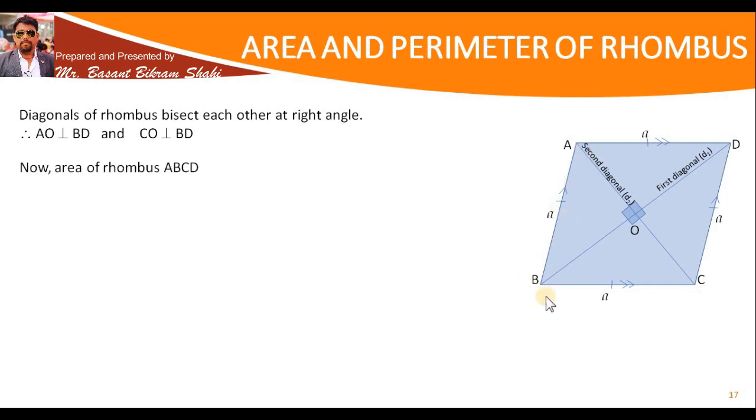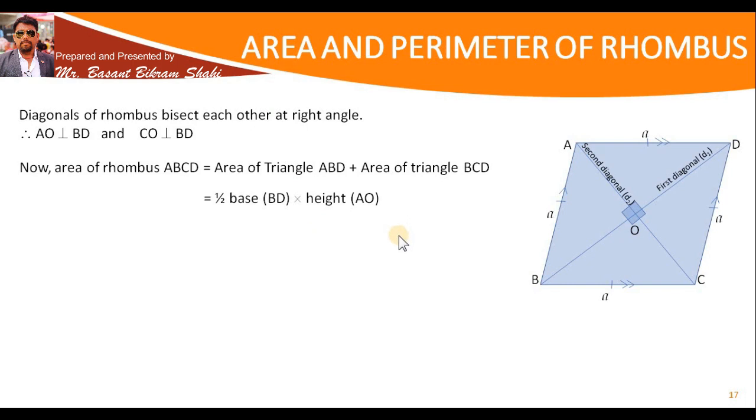And the area of rhombus ABCD is the area of triangle ABD, this triangle, plus the area of triangle BCD, this triangle. The concept of area of a triangle is half into base into height.